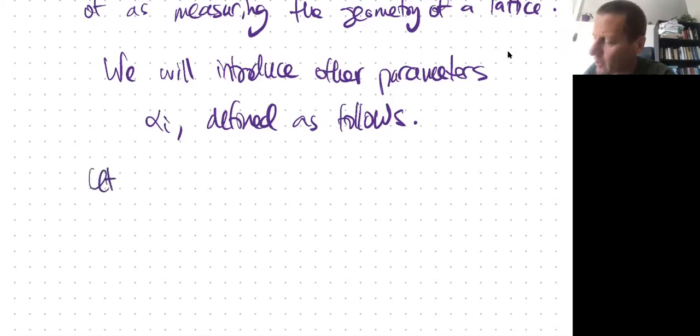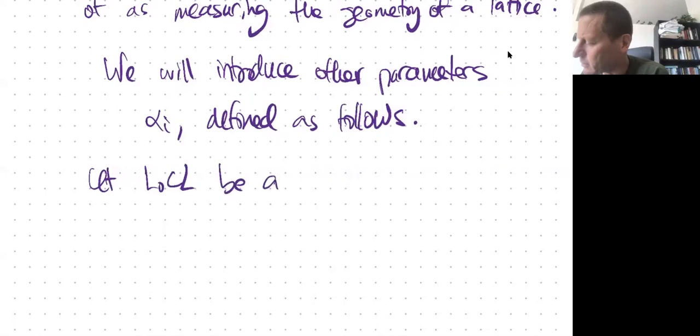So let L0 in L be a subgroup with respect to vector addition.